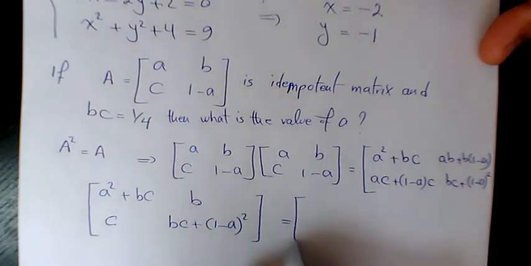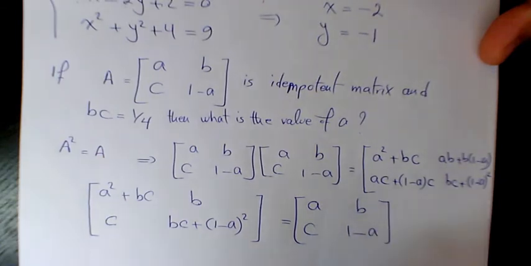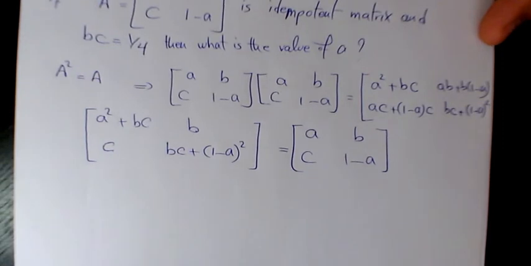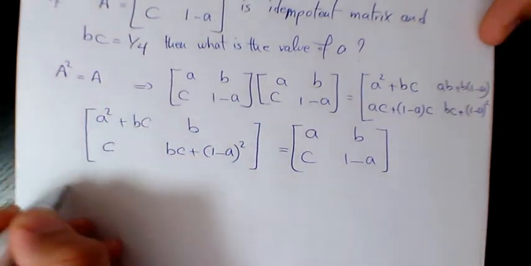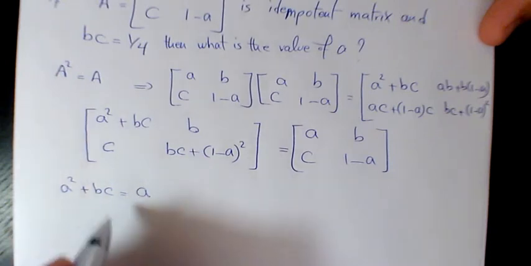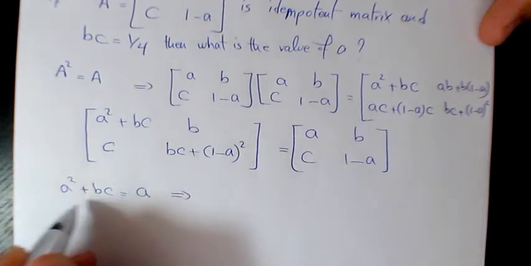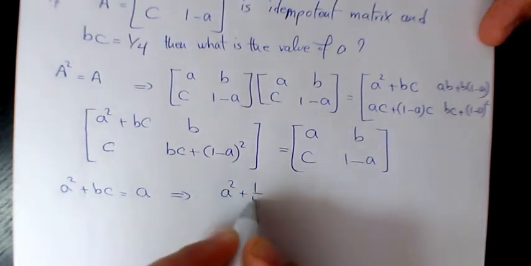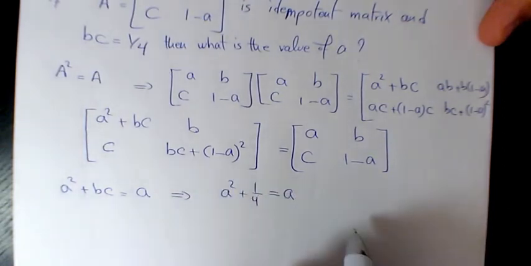That has to be equal to matrix A. Which means that A squared plus BC equals A. So BC is given already as 1 over 4, so it's going to be A squared plus 1 over 4 equals A. And then we can solve it.